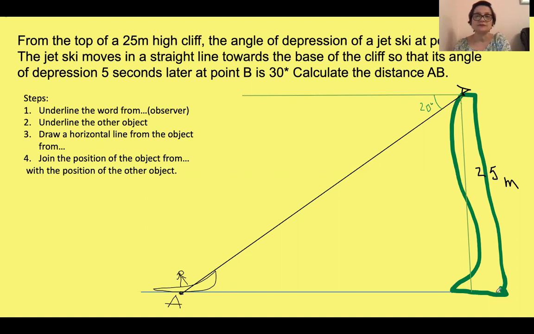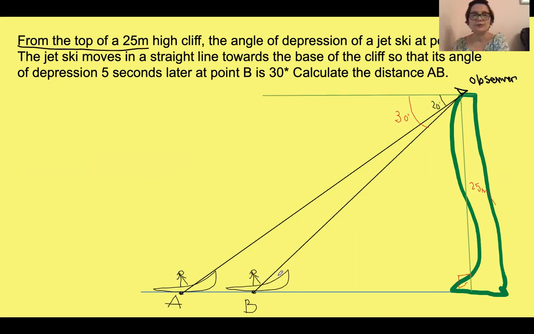This is the base of the cliff, so that its angle of depression 5 seconds later at a point B, there you go, is 30 degrees. Can you see? This is a 30 degrees angle. So do you understand the picture of the problem? This is where the observer is. This is the horizontal line with the sea level or the ground.